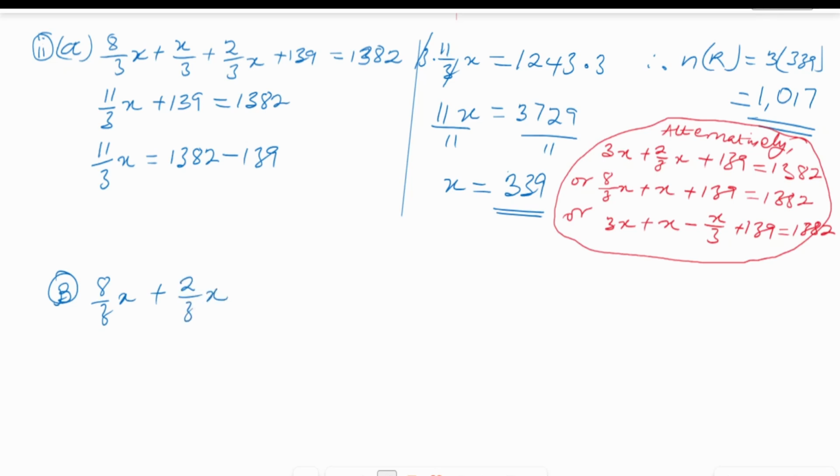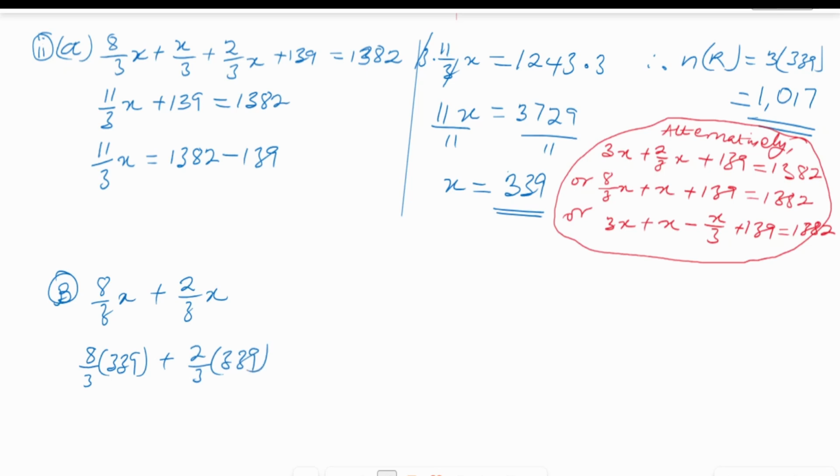And plugging in the numbers, you're going to have 8 over 3 times x, which is 339, plus 2 over 3 times 339.